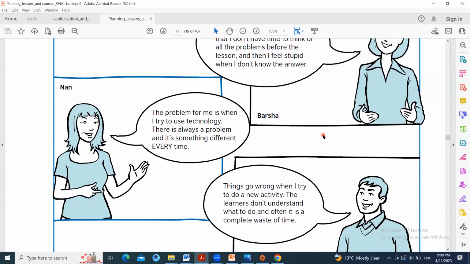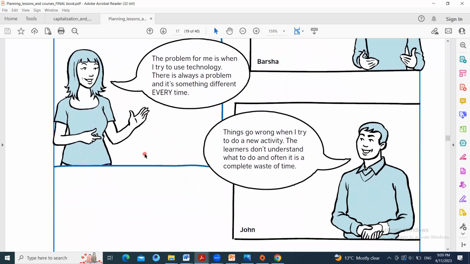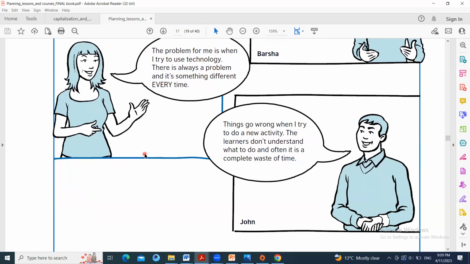Nan says, the problem for me is when I try to use technology, there is always a problem, and it's something different every time. So, how can you advise her? Then John says, things go wrong when I try to do a new activity.